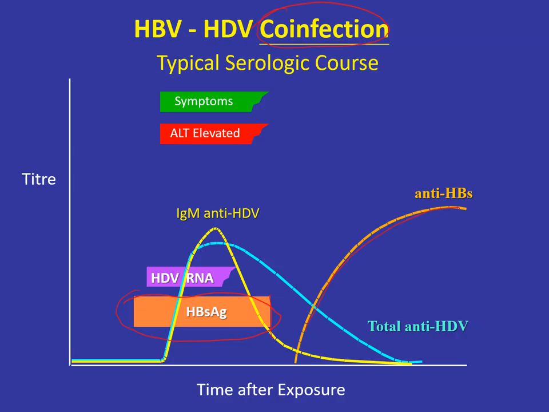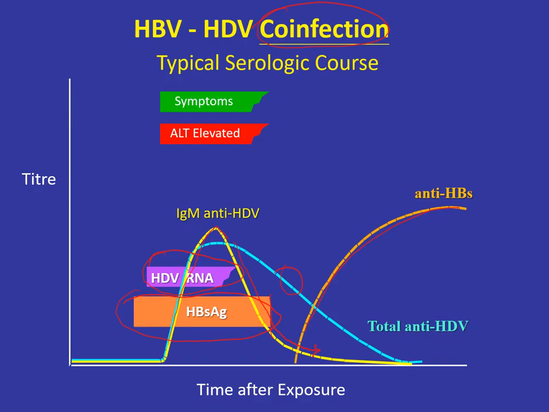Now, what happens with your hepatitis D? The first marker that will be positive is your HDV RNA. And then, of course, you can have your IgM anti-HDV. Those are the first markers that will tell you that the patient also has hepatitis D. Okay. Now, since this is a self-limited infection, your anti-HDV IgM decreases, and what will now appear is your IgG anti-HDV.